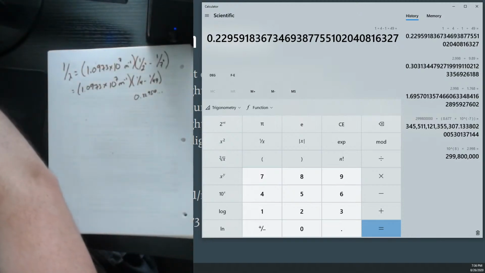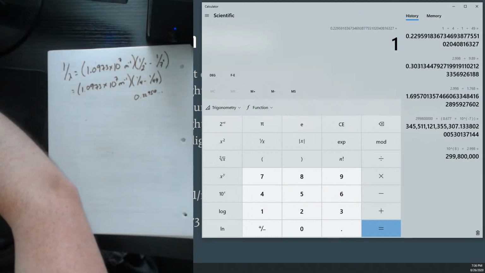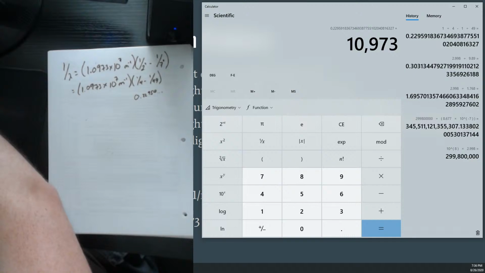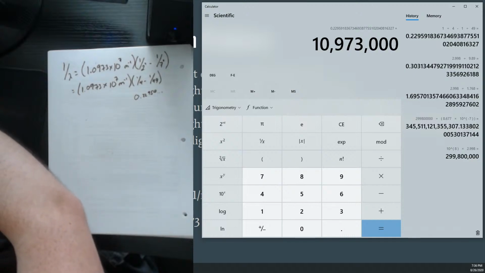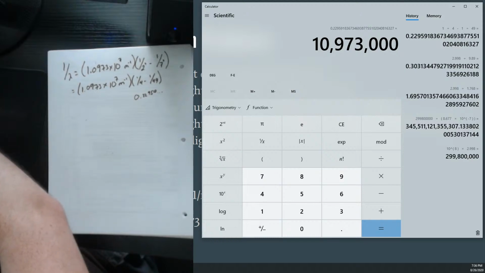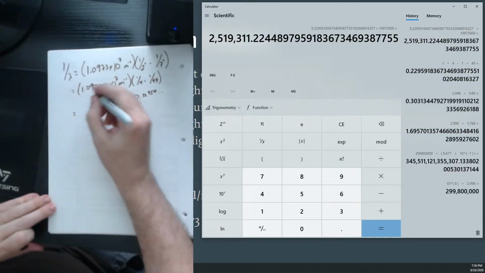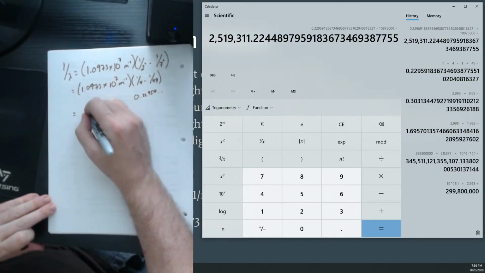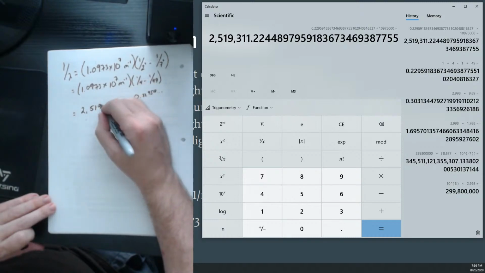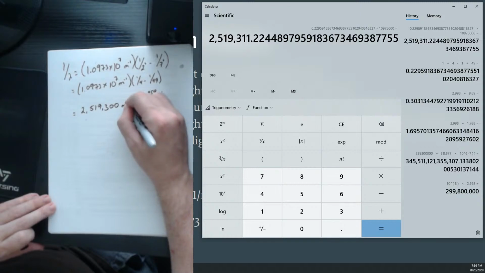So we go ahead and we multiply that by Rydberg. 10973. That's 1, 2, 3, 4, 5, 6, 7. All right. 10,973,000 per meter. All right, meaning that 1 over lambda is 2,519,300 per meter.